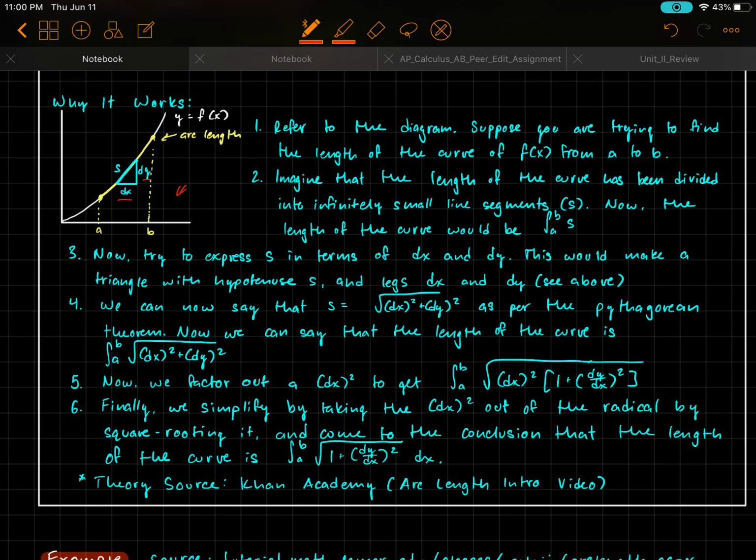So now we can see that if these line segments are infinitely small, the arc length is going to equal the integral from a to b of s.